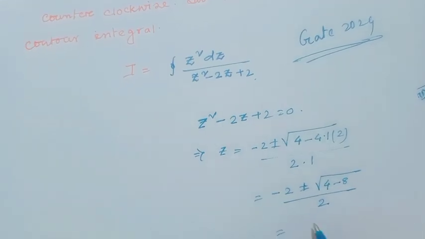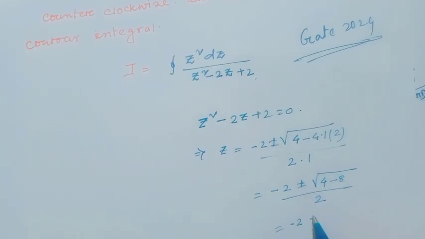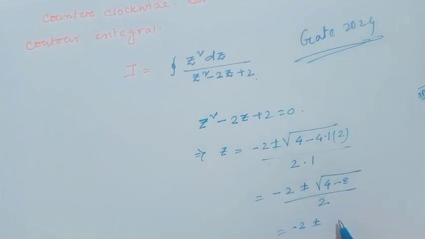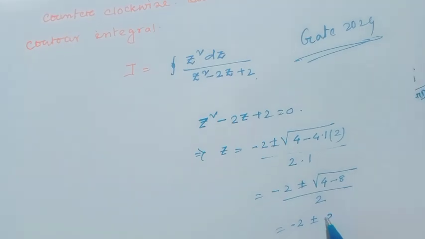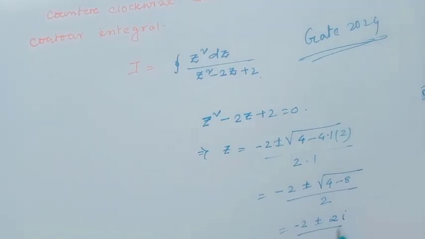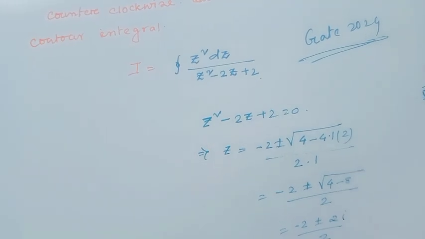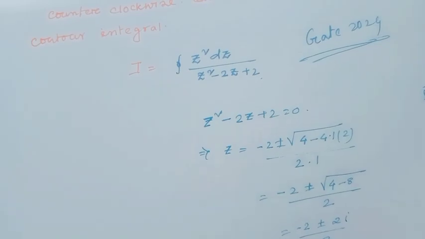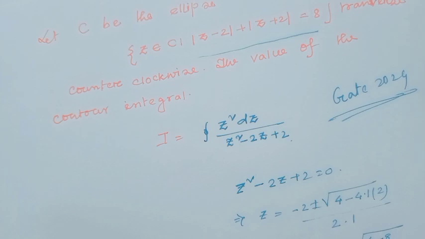That means this value is equal to 2 plus or minus 2i over 2. That means the values are 1 plus i and 1 minus i. Now put the value here. Is it outside or inside?